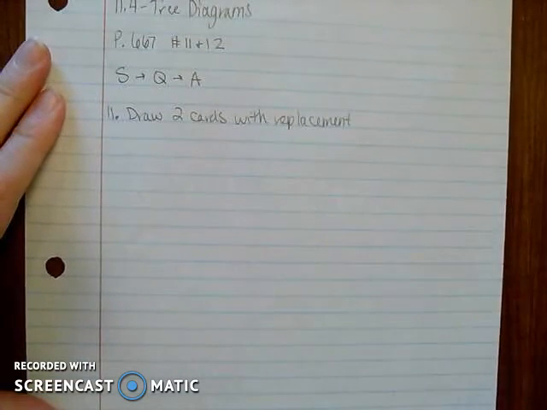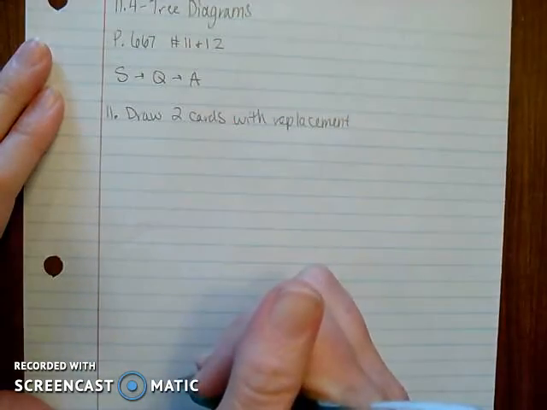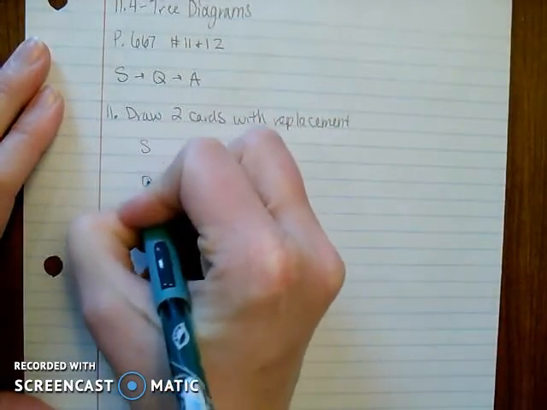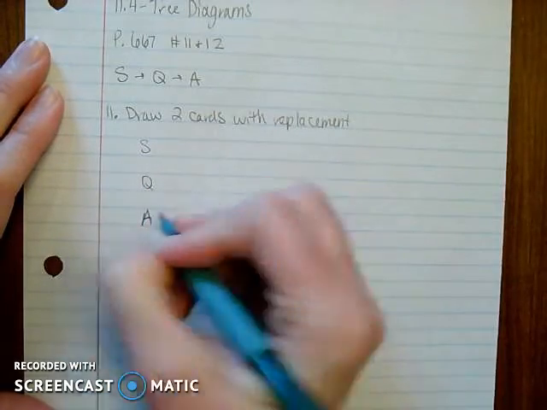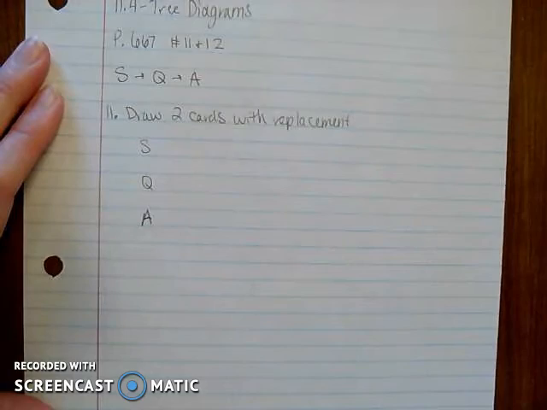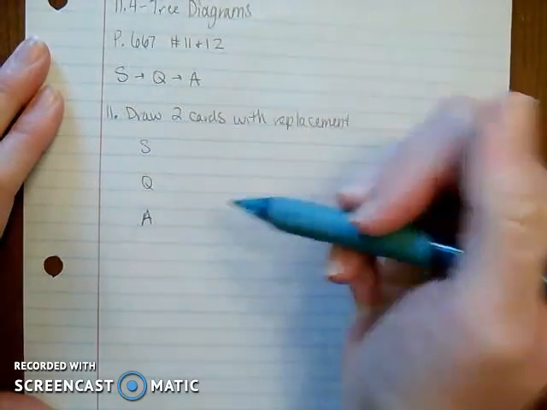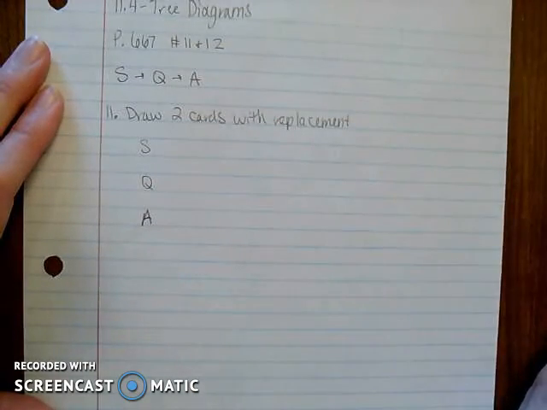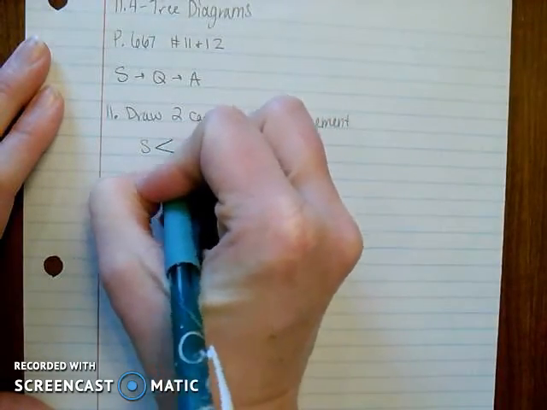All right, so here's what the tree diagram looks like. We're going to draw them going down. So we have a sun, we have a question mark, and we have an apple. Our first card can be one of those 3 things. So this column represents your first card. Your second column represents your second card.